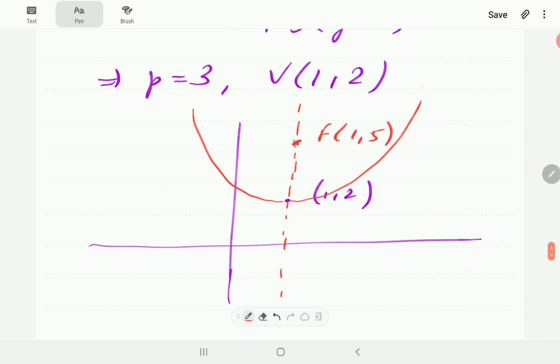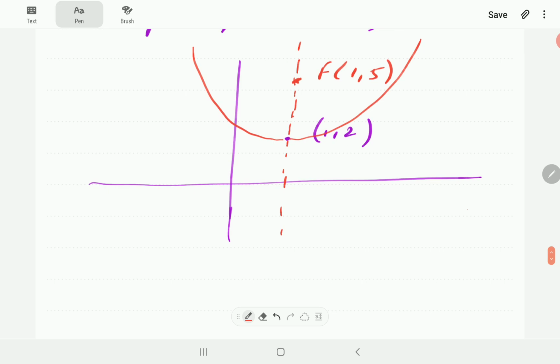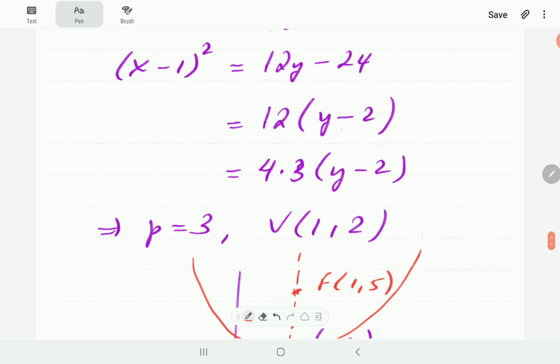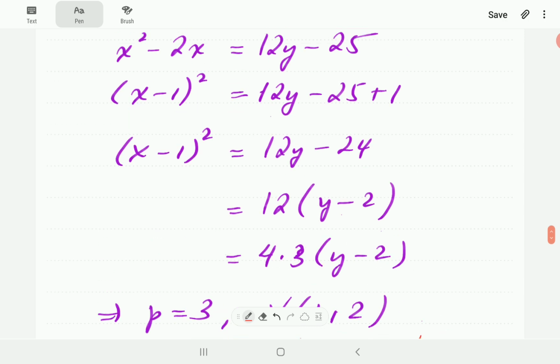So that's going to be the focus. And then if we take away 3, then here y equal to negative 1, that is going to be the directrix. Of course, the axis is x is equal to 1. All right, so that sorts out that one.